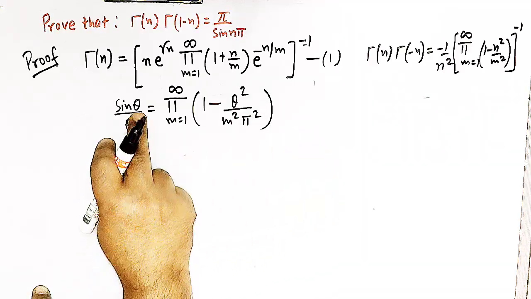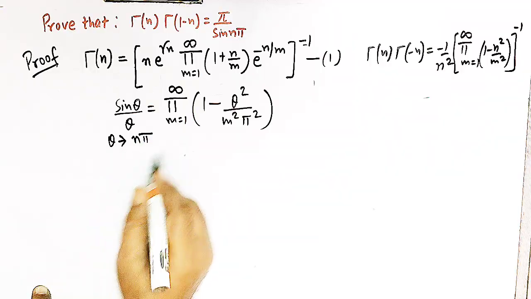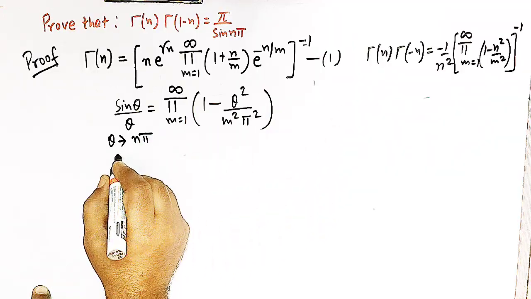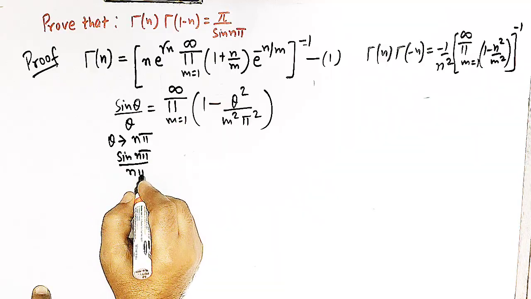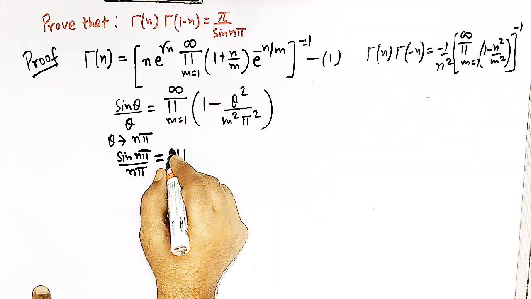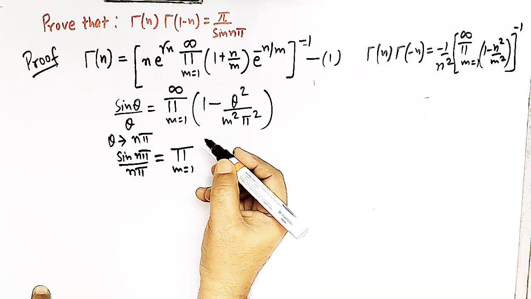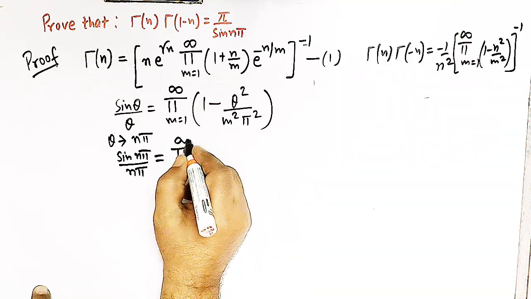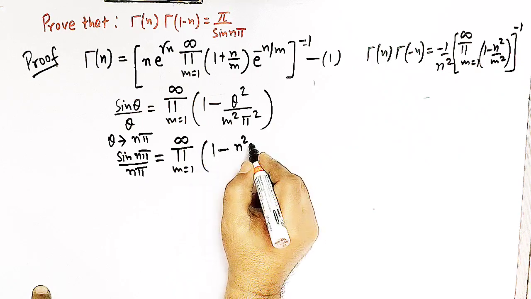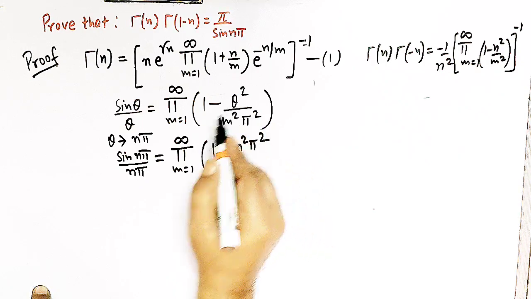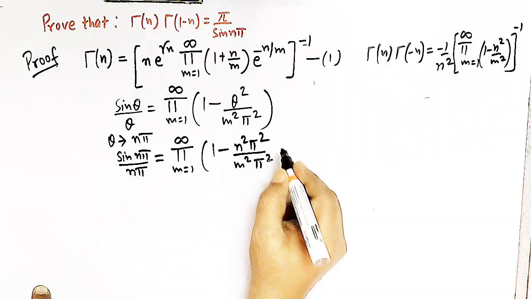And here if we replace θ by say nπ, then this expression reduces to sin nπ over nπ, and here we have the infinite product from m equal to 1 to infinity of 1 minus n square π square, replacing θ by nπ, over m square π square.